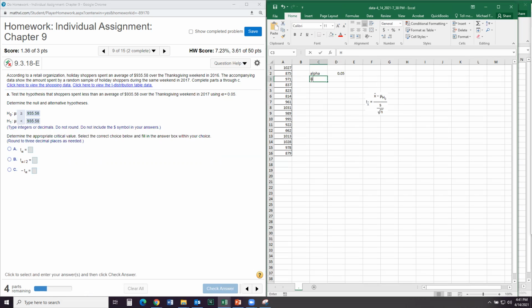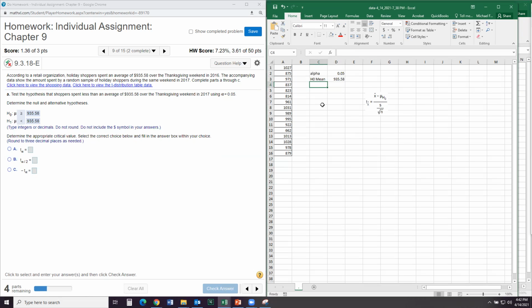I'm just going to call this my null hypothesis mean. It says test the hypothesis that they spent an average of this much, 935.58. Right, and it's this thing right here, which is the population mean of the null hypothesis.